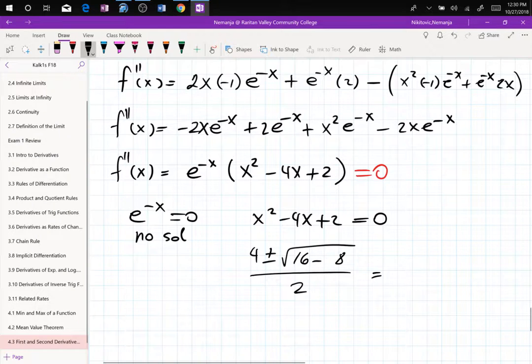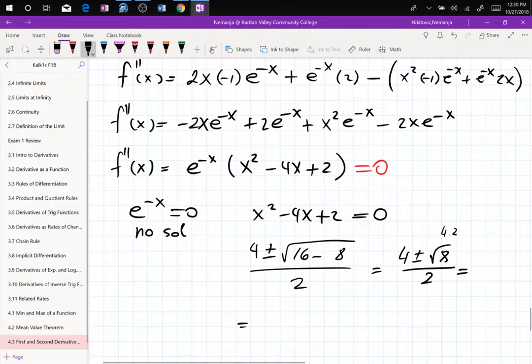Everything divided by 2. So this is 4 plus minus square root of 8 over 2. 8 is 4 times 2, so it's now 4 plus minus 2 root 2 over 2, which is 2 plus minus root 2.